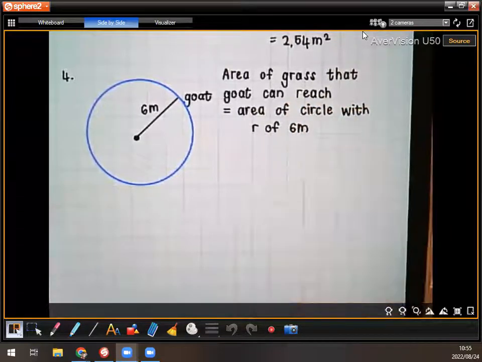Obviously, in a test or exam, you wouldn't have to write that whole thing up. It's just a little explanation of what you have to calculate here.